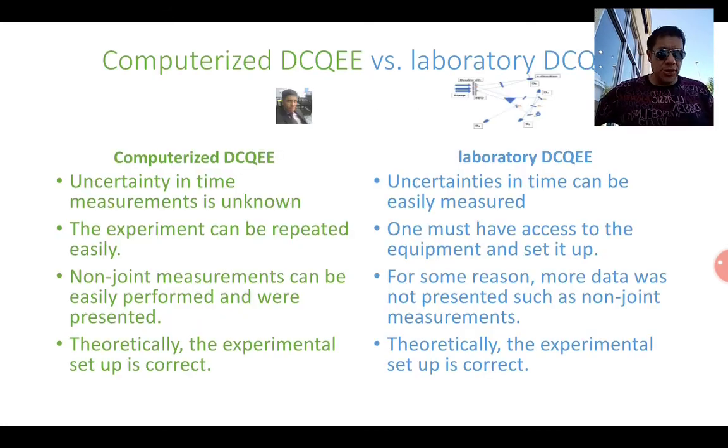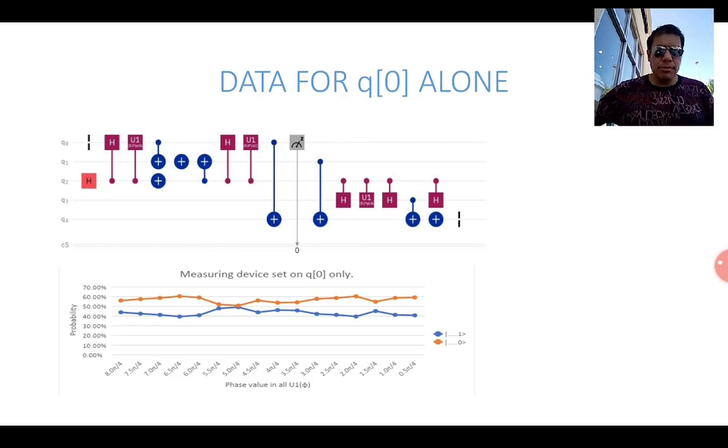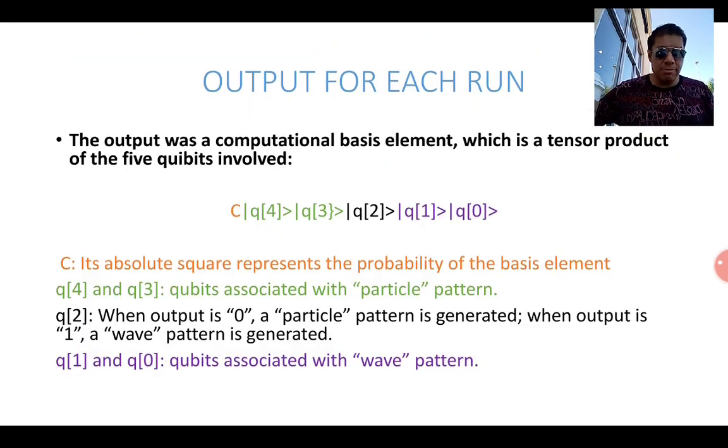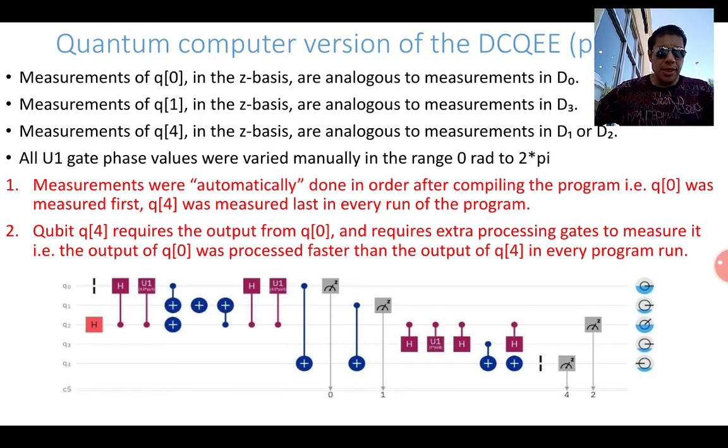And if you look at the circuit, well, any circuit here, you can see that this is what is forming a wave pattern right here, not this one right here. Okay, so it is when you do joint measurements of the upper qubits with the lower qubits, you end up getting a wave pattern.